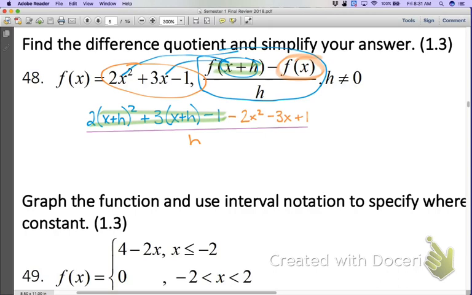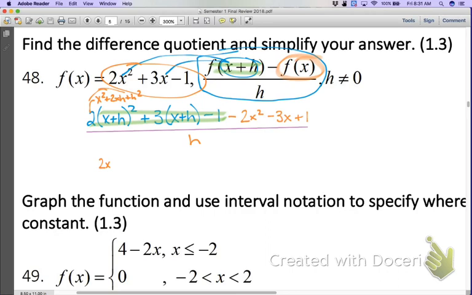I need to square the x plus h and multiply it by 2. I need to distribute that 3 and go from there. So x plus h quantity squared is going to be x squared plus 2xh plus h squared. I'm going to distribute the 2 to everything in there, so I can shortcut it a little bit or not have to write as much.